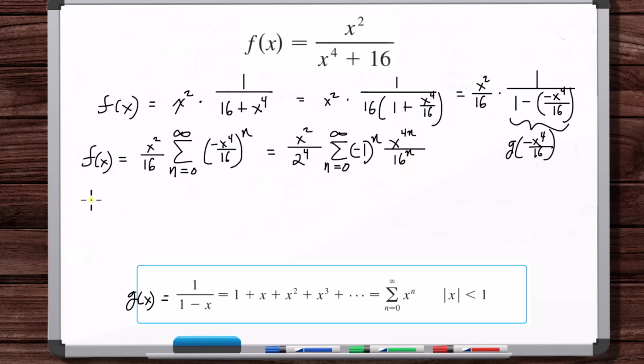Okay. So minus 1 to the n, x squared over 2 to the 4th, times, now this is 2 to the 4n.